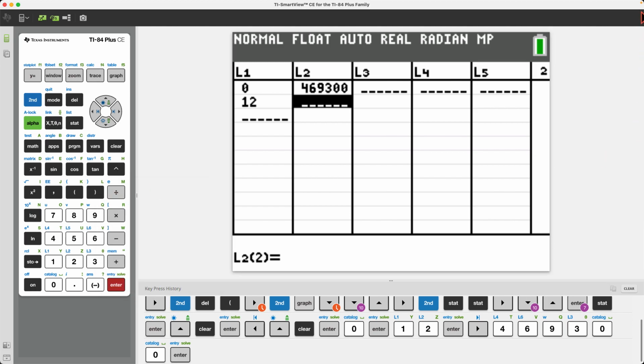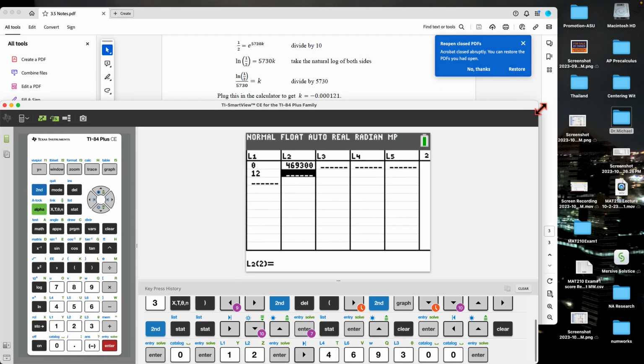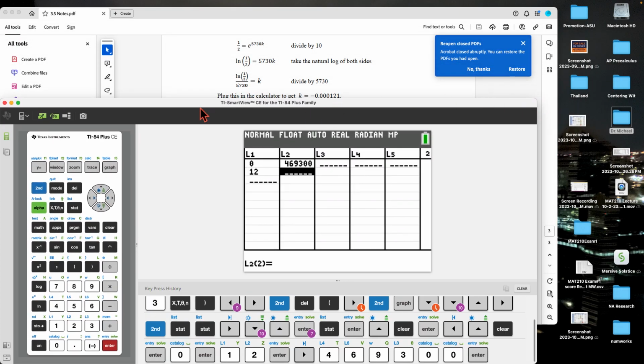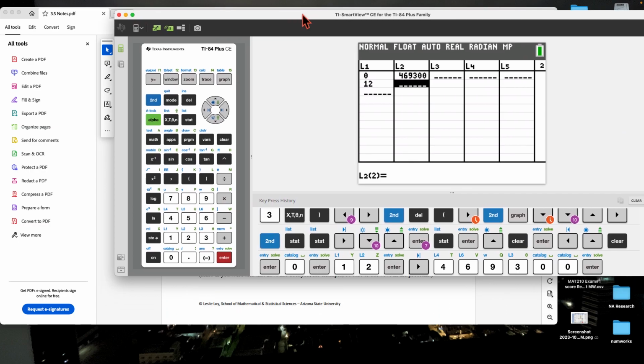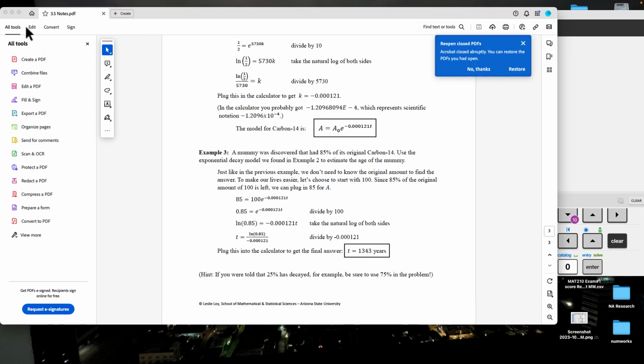Just want to make it a little smaller. There we go. That's what I want.